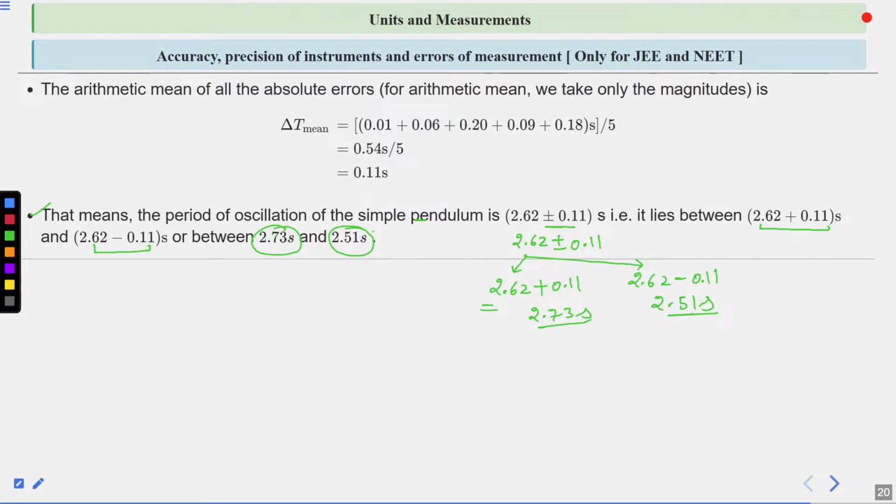Here the question is, is accuracy proportional to precision? No, accuracy and precision are not directly proportional to each other. They are distinct concepts in measurements.